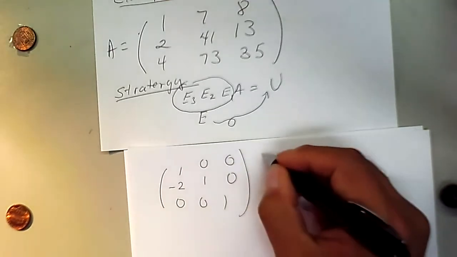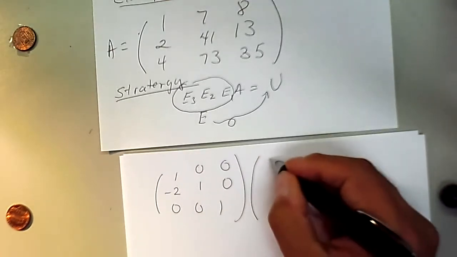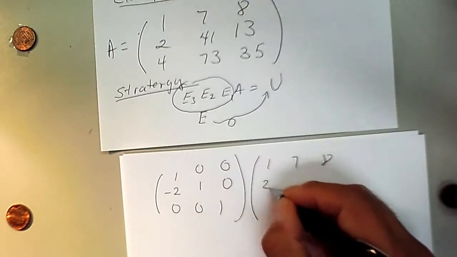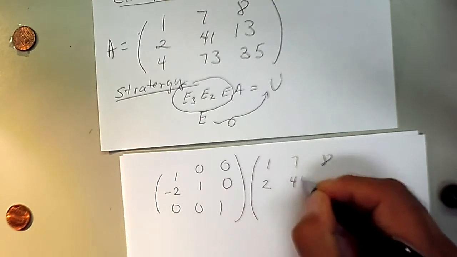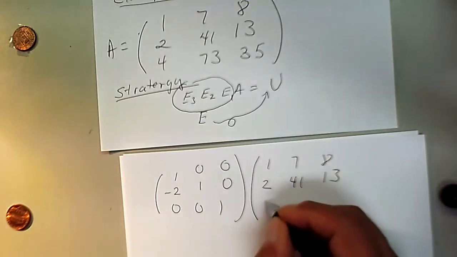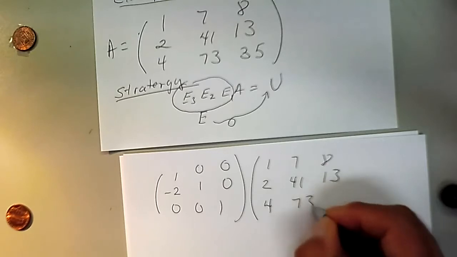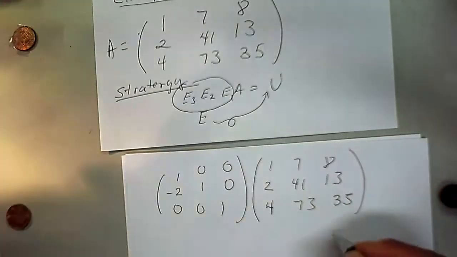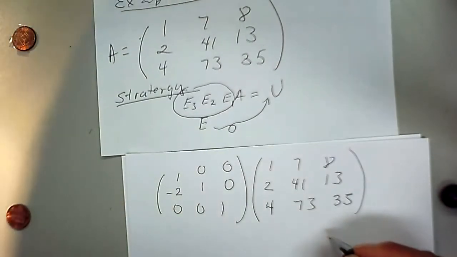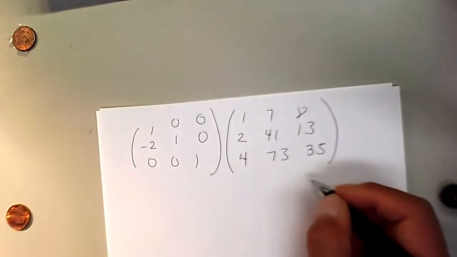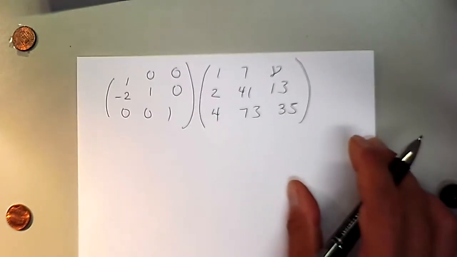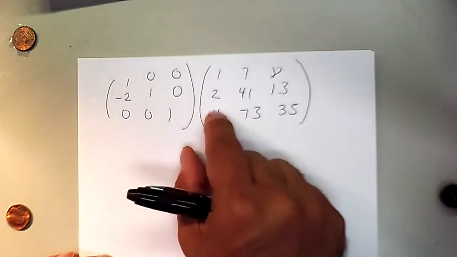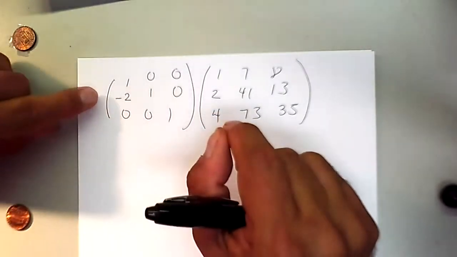So if we multiply this by A, 1, 7, 8, 2, 41, 13, 4, 73, 35, then we will be able to do that. By the way, this should be a review of the previous video. We already have done this kind of thing to eliminate.